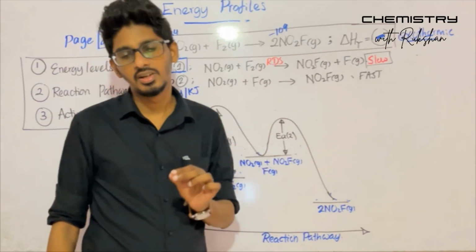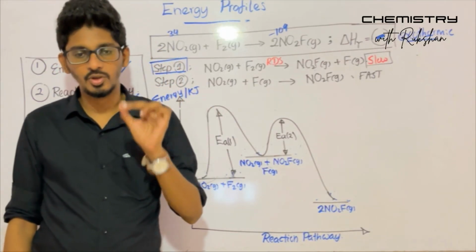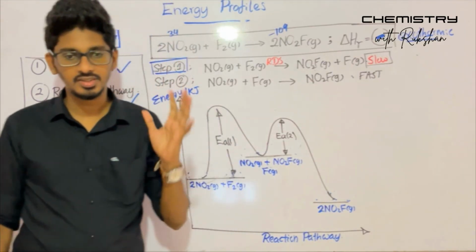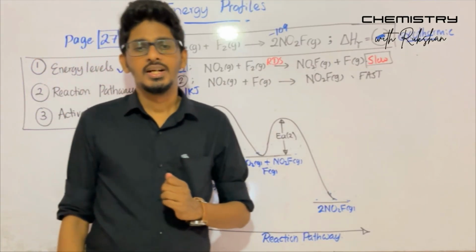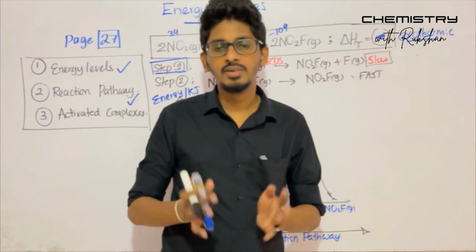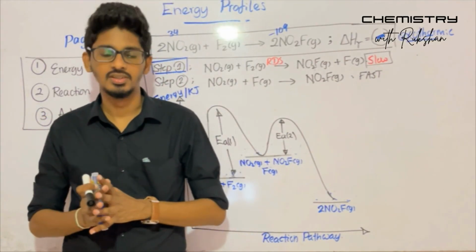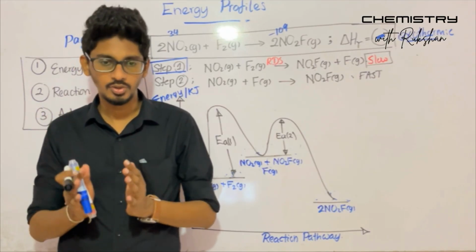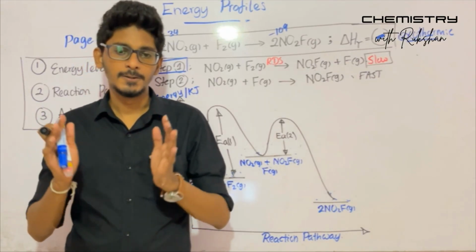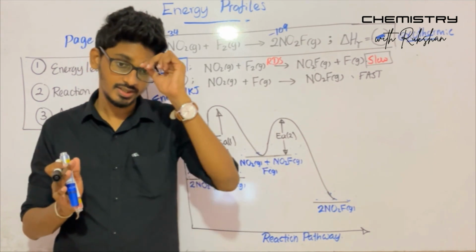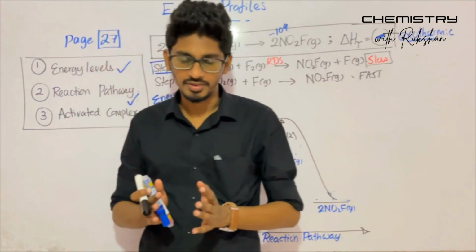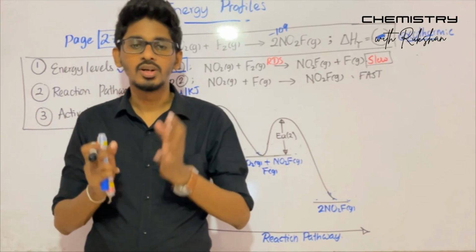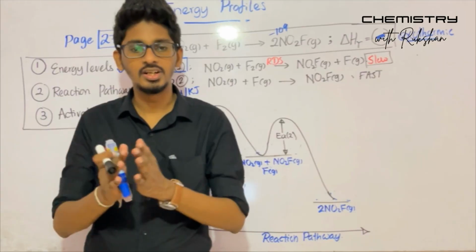Now we are going to come up with the activated complexes of this energy profile. So when drawing the activated complexes, we are to mark the weaker bonds with dotted lines, dotted longer lines.